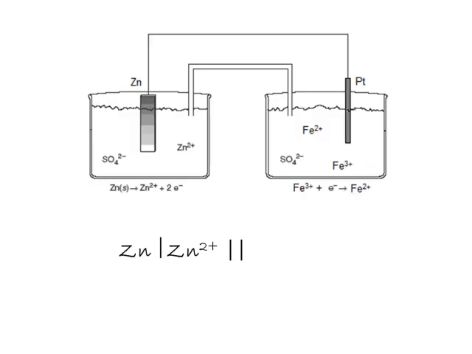For the other half reaction, though, we have iron 3 ions becoming iron 2 ions. Both are in the same state, ions in solution, so they're separated by a comma. But we have to have a solid electrode on the end of line notation. So then we add the single bar, then Pt to represent the inert platinum electrode.